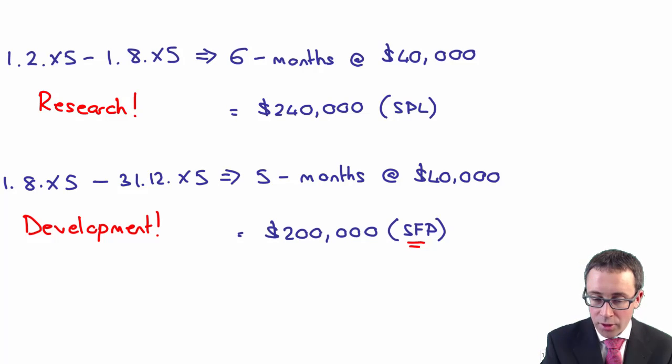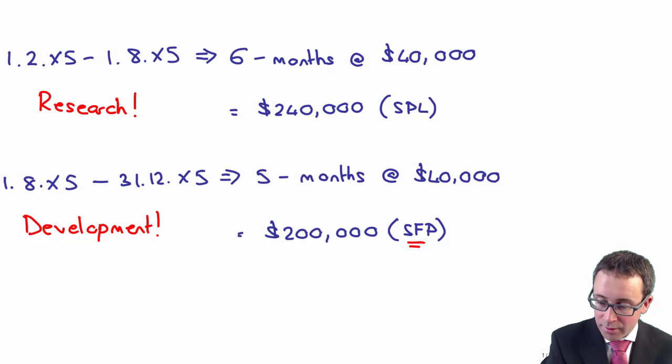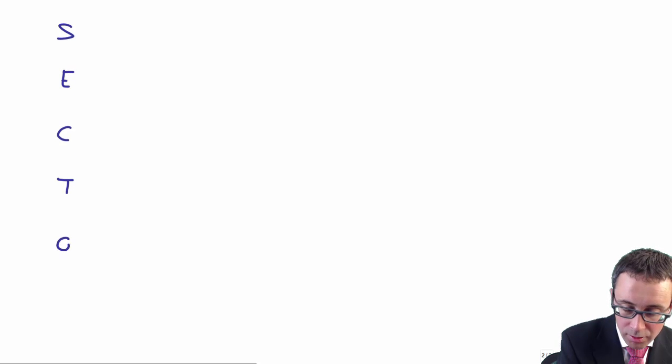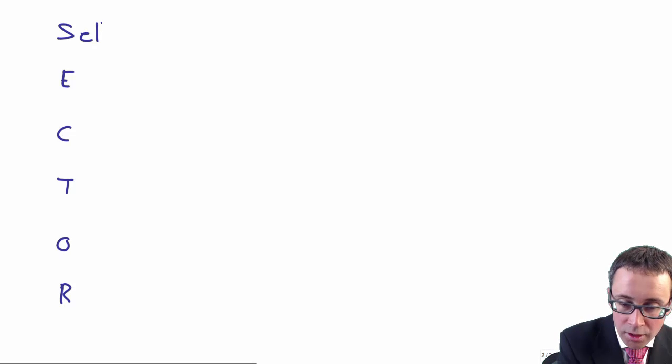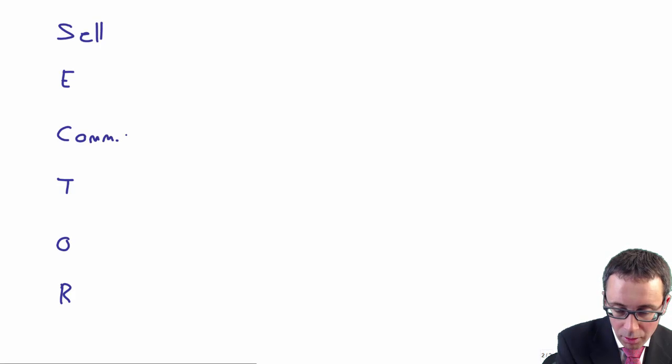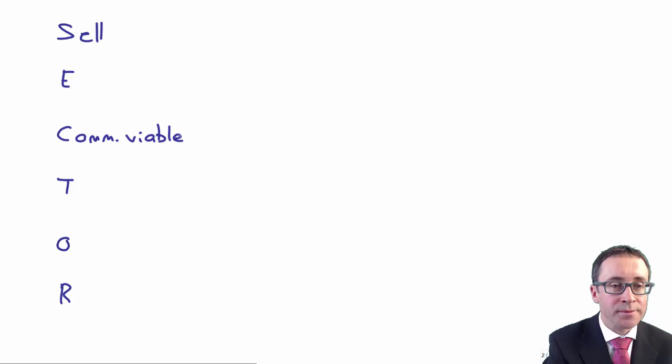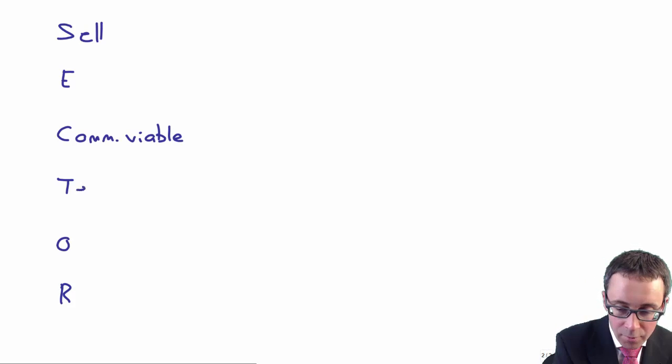Okay. And then when you're going through and thinking about the development, we mentioned the criteria. So remember, we're going to go through and sell it. We'll ignore the E. C is that it is commercially viable. Okay. T, remember, was that it was technically feasible.